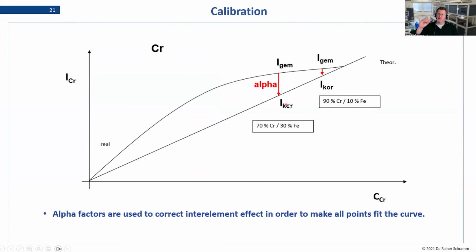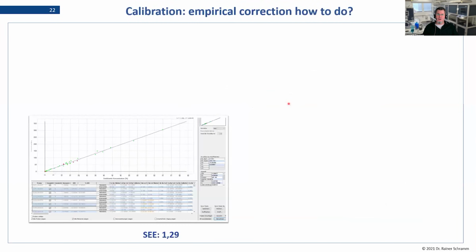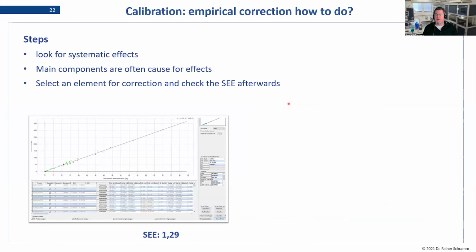And we do that for all the samples, and then we have our alpha factor that is the correction. So in order to do this, what is called empirical correction, or the establishing of empirical alpha correction factors, you need a lot of samples, and then you need to investigate what is happening.